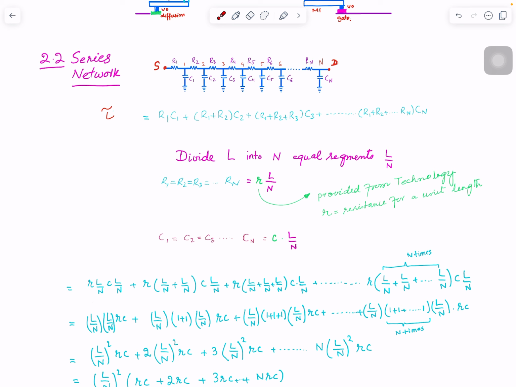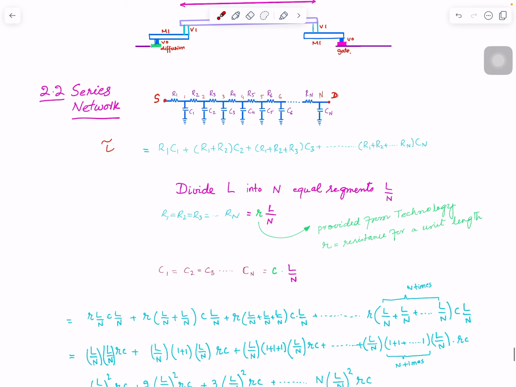It's important, follow me. If we have a whole length L, we divide it into n small segments of equal length, and the length of each is L over n.